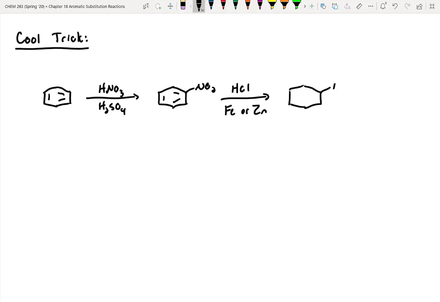And this reduction reaction will convert that nitro group into an amine. And if you remember, this is an aniline. So this is a really useful way for converting a nitro group to an amine, and we'll discuss this reaction in a lot more detail later on, but this is quite versatile when you're doing synthesis problems.